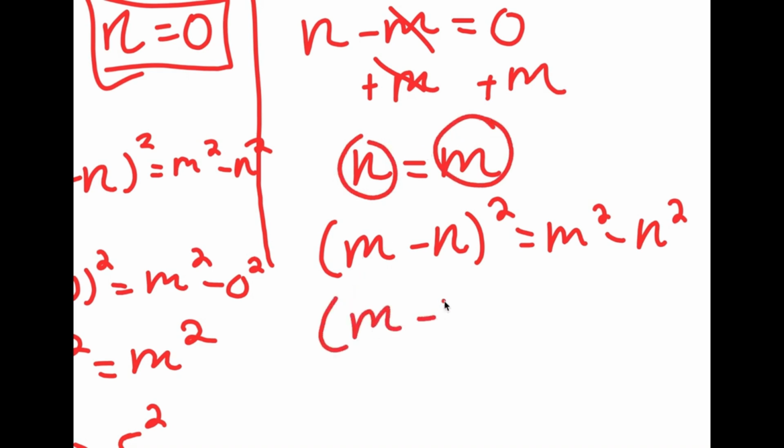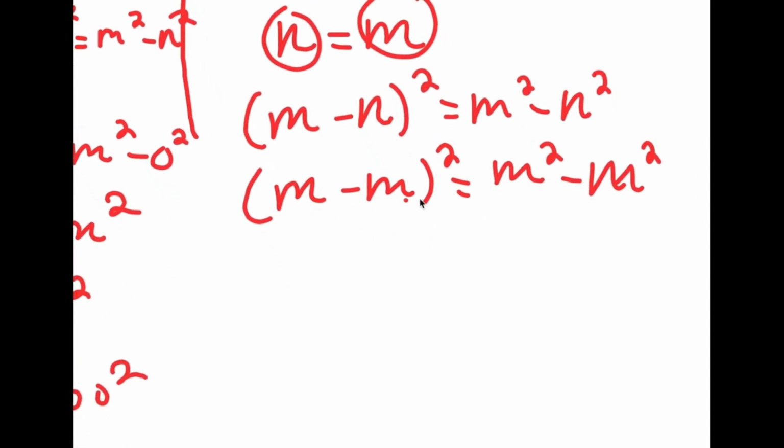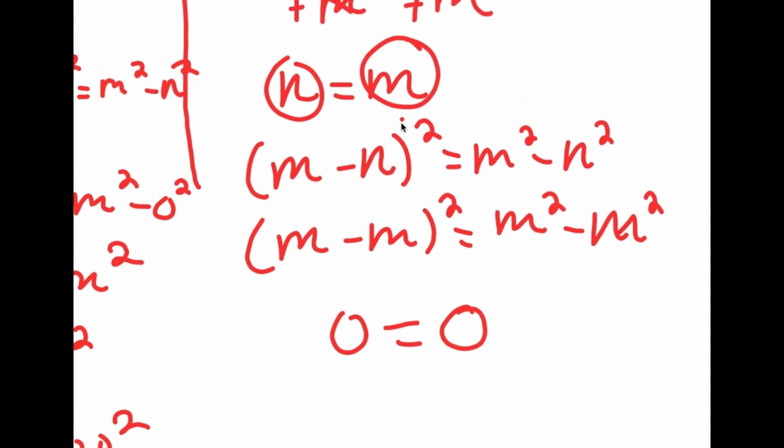So now I have (m minus m) squared is equal to m squared minus m squared. m minus m is 0, so I have 0 is equal to 0. And this means that they're both equal to 0.